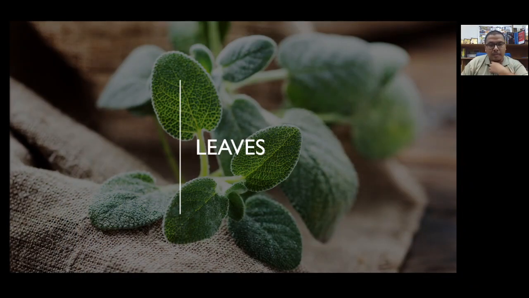That is if it is bifacial. Some plants also have unifacial or isobilateral leaves with similar adaxial and abaxial surfaces. So a leaf is in general differentiated into a leaf blade, called the lamina, and a petiole. A leaf with a distinct petiole is termed petiolate, whereas one lacking a petiole is sessile. We'll talk about this later.